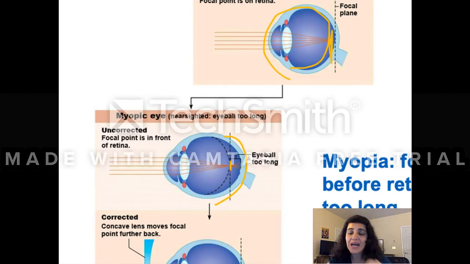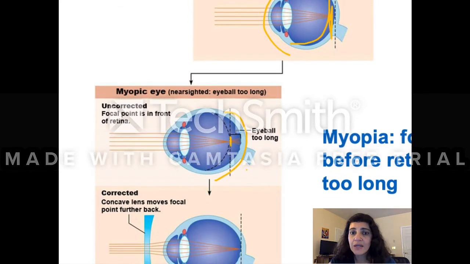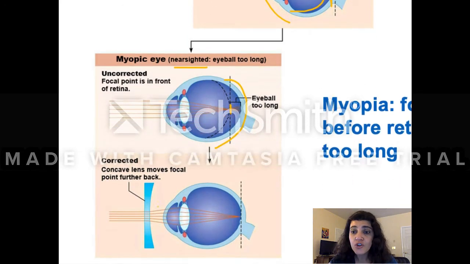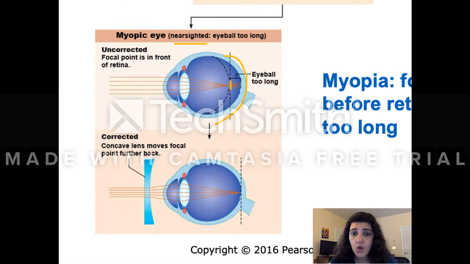So by the time the image gets to the retina, whatever you're seeing from far gets distorted. You are nearsighted when you're myopic, meaning you don't have a good far vision, okay? And you can correct this with concave lenses. The concave lenses are going to help to focus your image in the retina of this long eye, right?